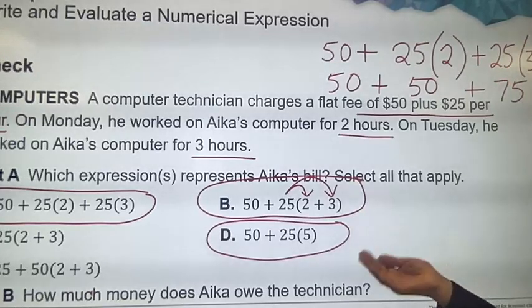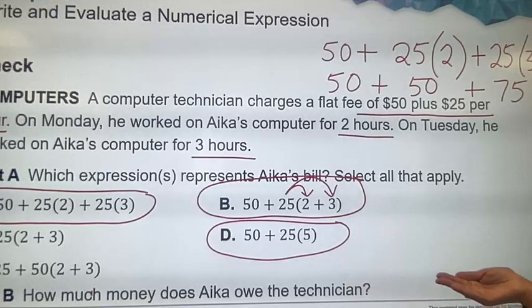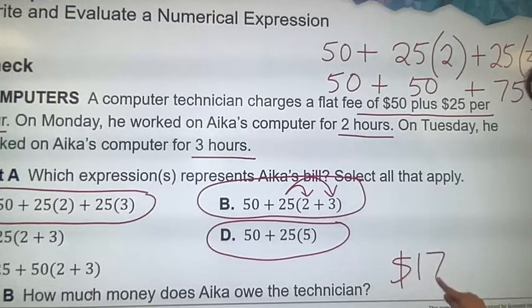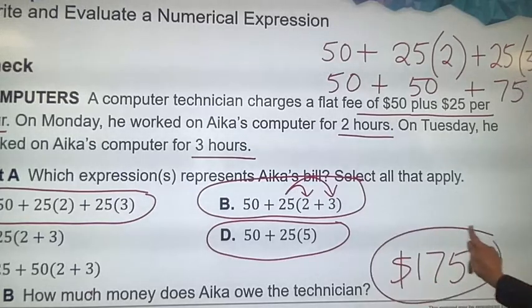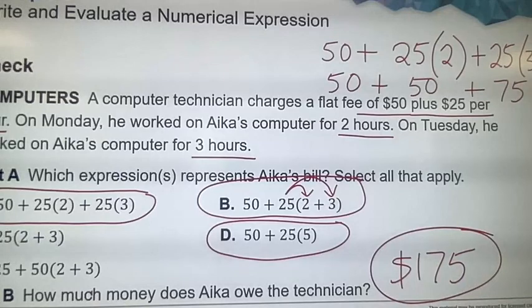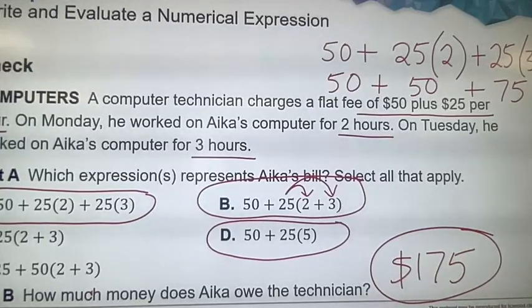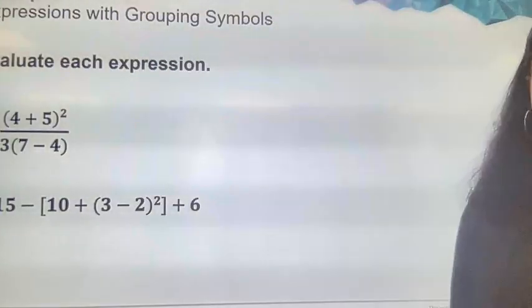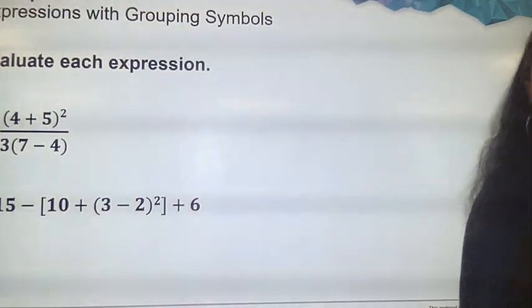So 50 plus 50 is 100 and 100 plus 75, and I get 175 as my answer to how much does Aika owe the technician. She owes the technician $175.